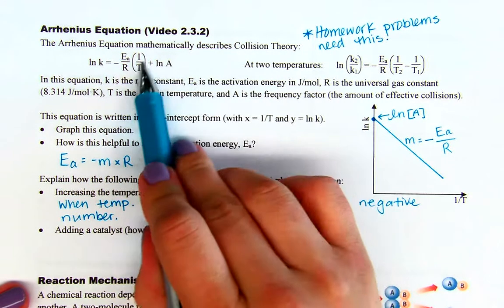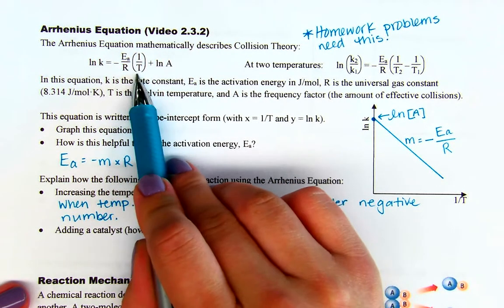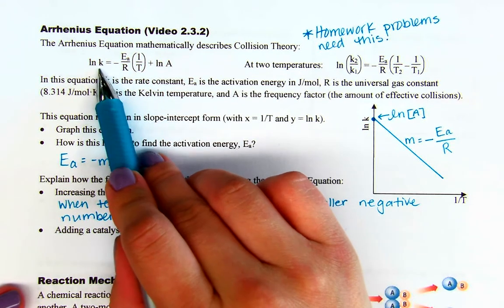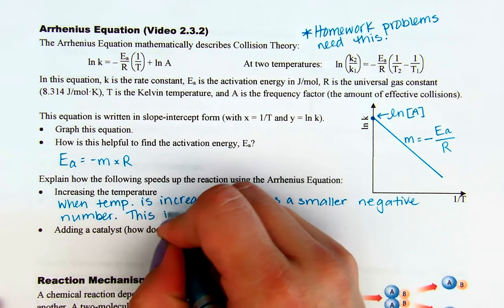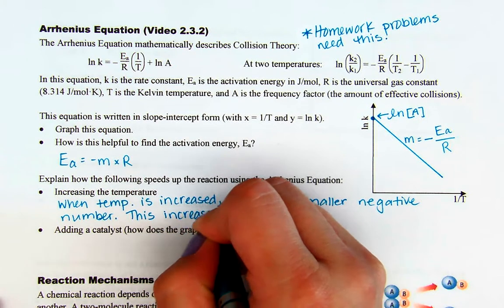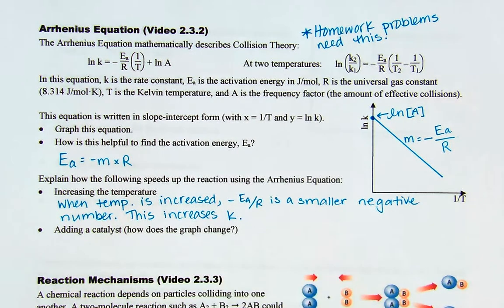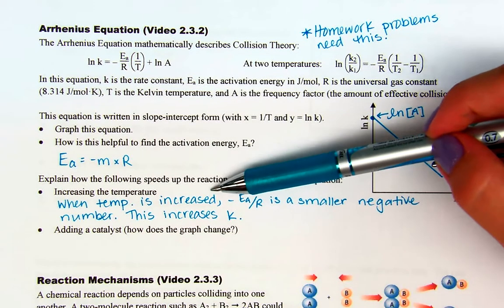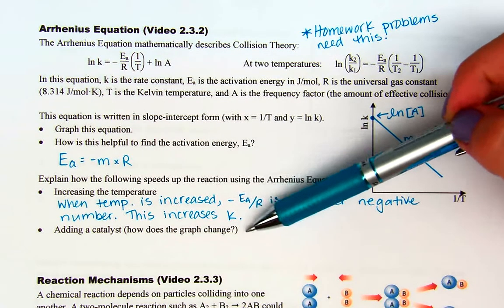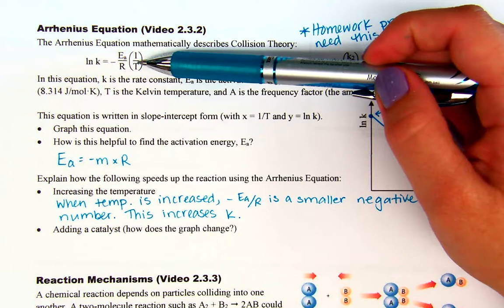And then overall, if this whole term is a smaller negative number, you are going to get an increased K. So that's just telling you, mathematically, why, when the temperature is increased, the reaction goes faster. Well, because this is a smaller negative number.